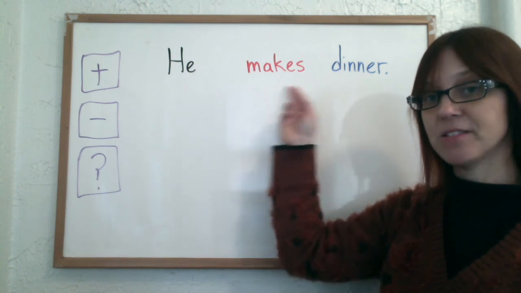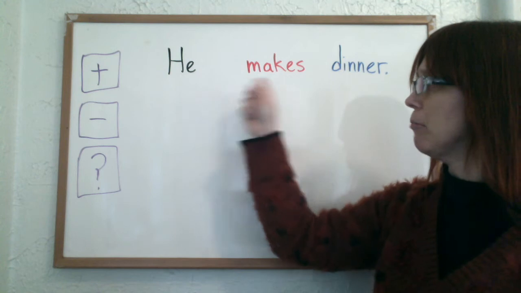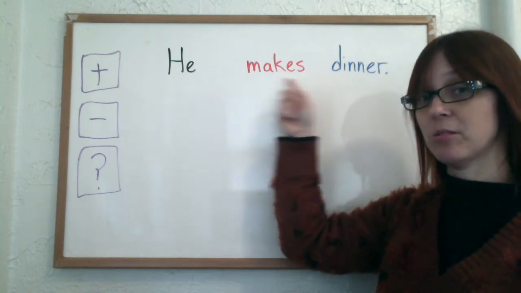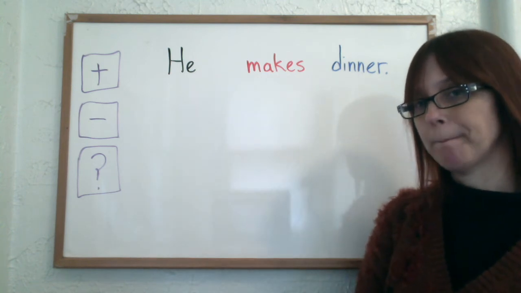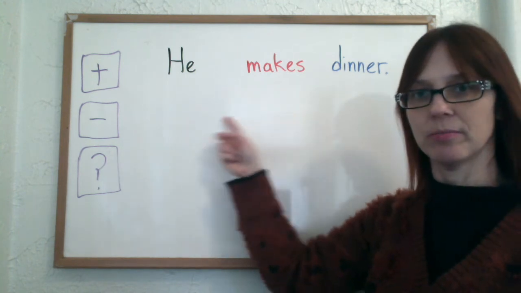Let's do another one. He makes dinner. Affirmative. He makes dinner. So there's an S because it's he. How do I make that negative?